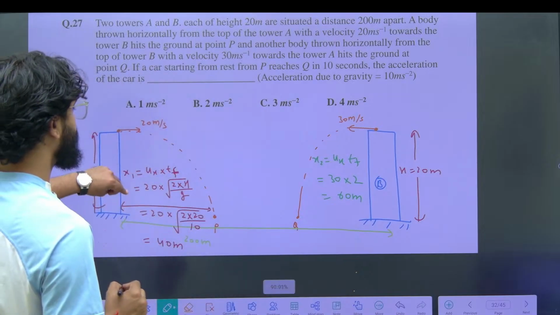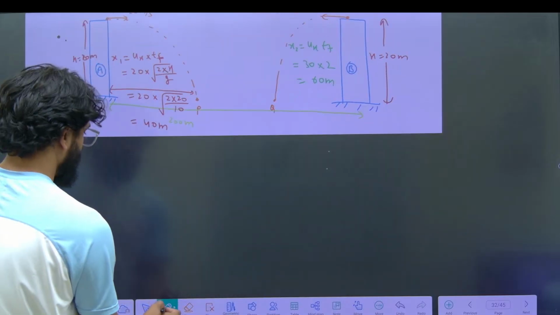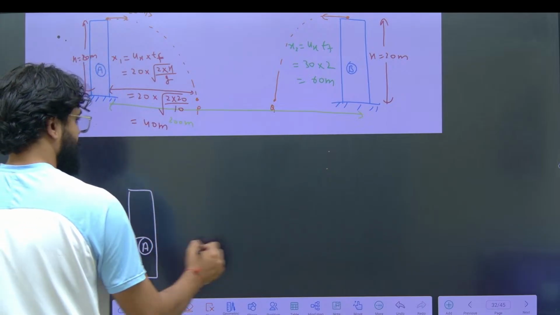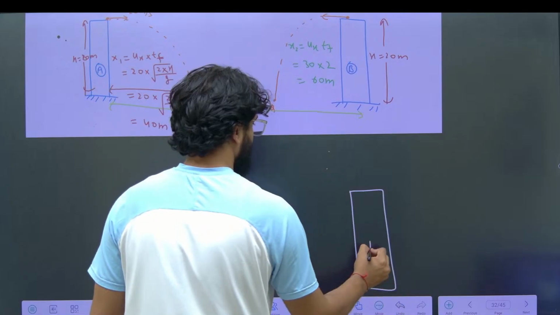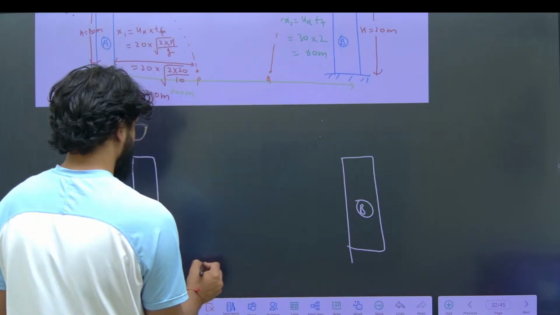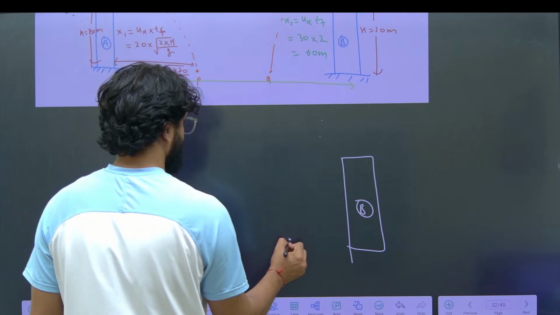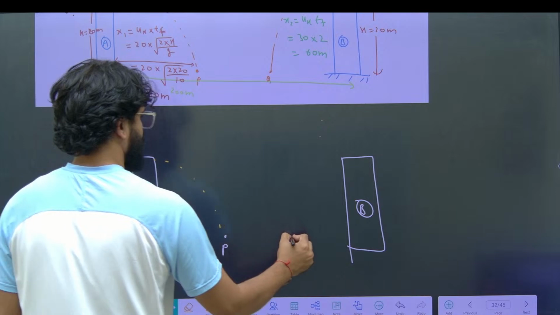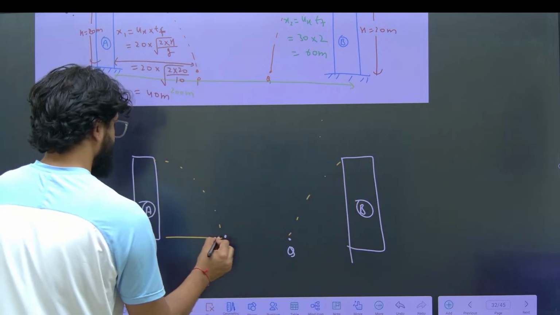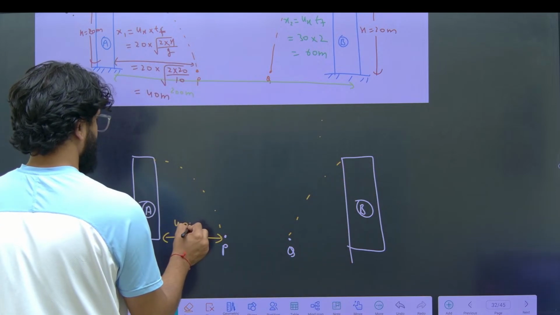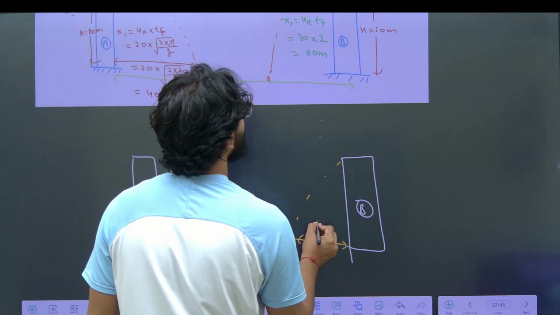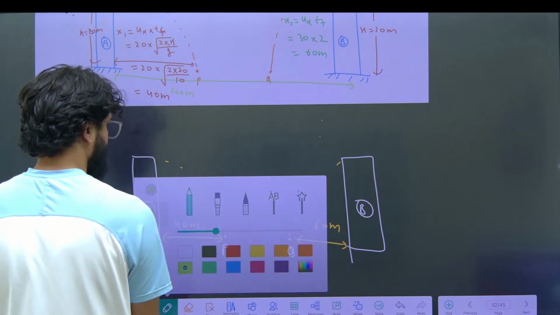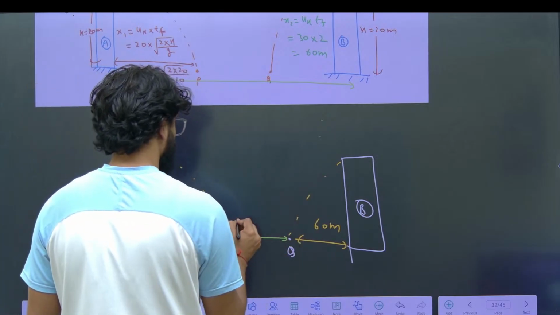Let's redraw this diagram one more time. If this is A, this is B, this is point P, this is point Q, this distance is 40, this distance over here is 60, the entire distance is 200, so this distance over here will come out as 100.